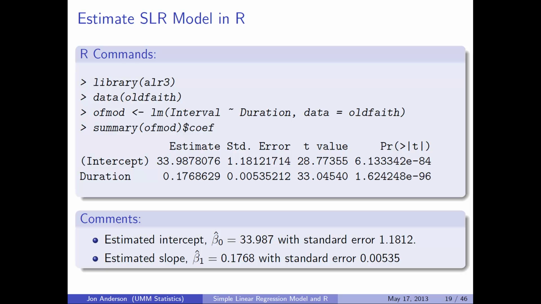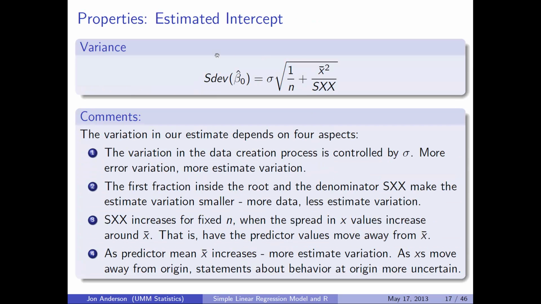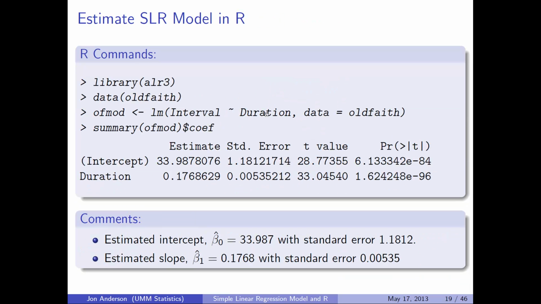The next column in the output table tells us the standard error estimates. Those are the things that I showed you the formulas of right back here. The estimated standard deviation for the intercept would be found by putting an estimated sigma hat into this formula, and it would give you this value right here, 1.181.